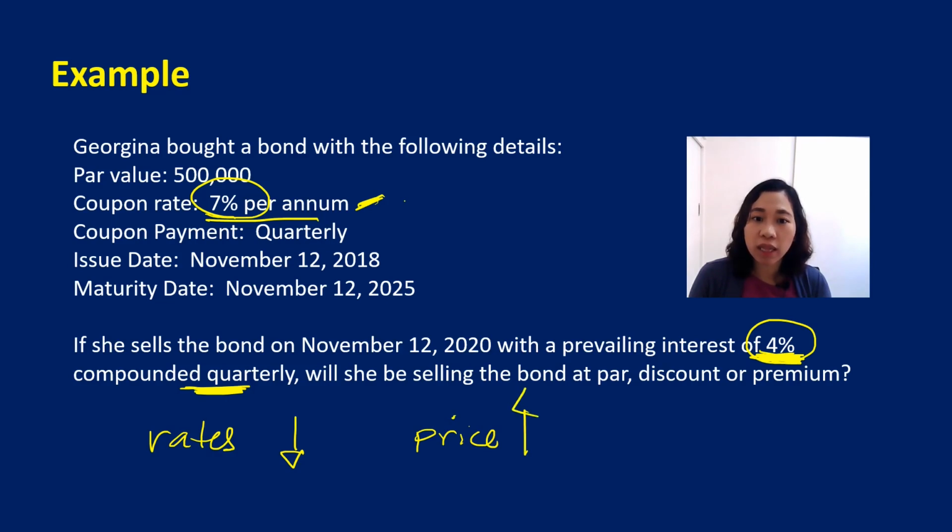It will increase, right? Because 7% will look attractive compared with 4%. So the price will increase, therefore the bond will be able to sell at a premium. Okay?